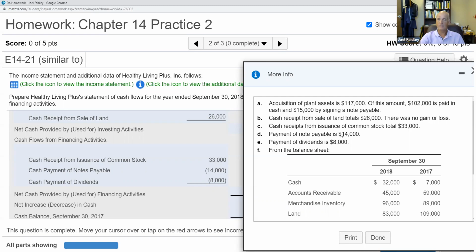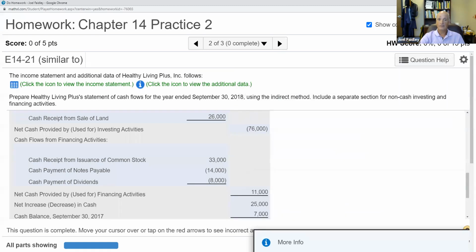So how do you pay notes payable? You take it out of cash. So you debited notes payable and credited cash. So that's where your liability went down. Anytime a liability goes down year over year, that's a negative. And then cash payment of dividends, that's pretty straightforward. If you pay dividends, it's got to be negative for $8,000, which is coming out of where? Retained earnings. All right, so there's 11,000.